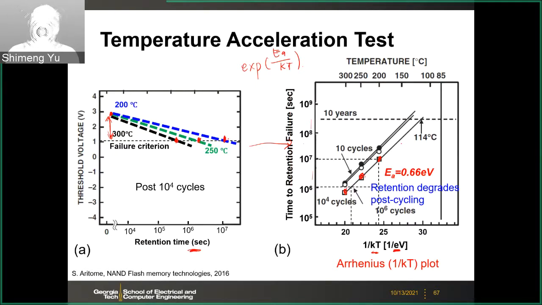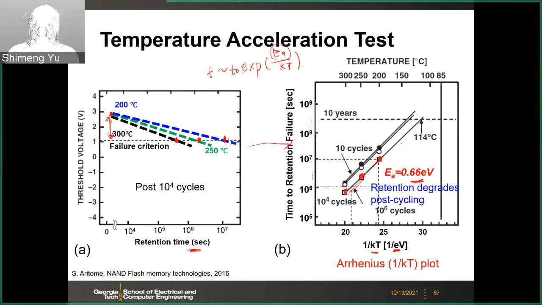So if your retention time follows this formula, then you can do this kind of extrapolation. The slope will give you the EA. And if you do that, in this case, it's about 0.66 eV.